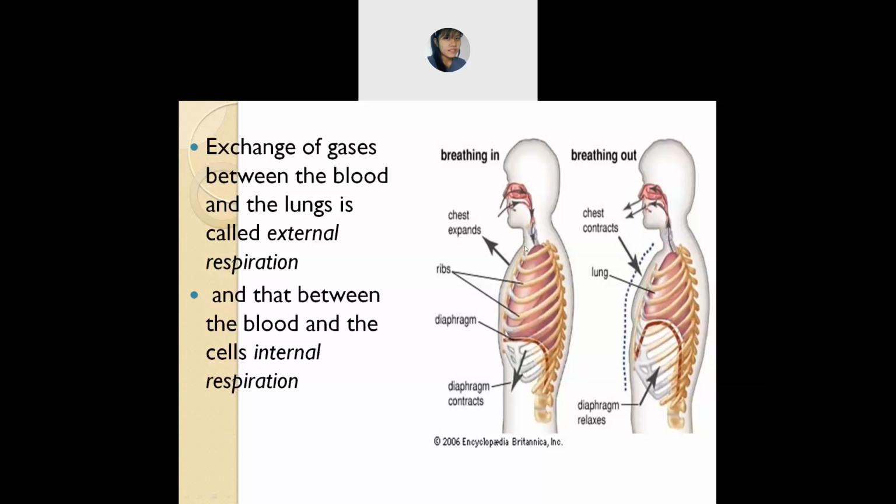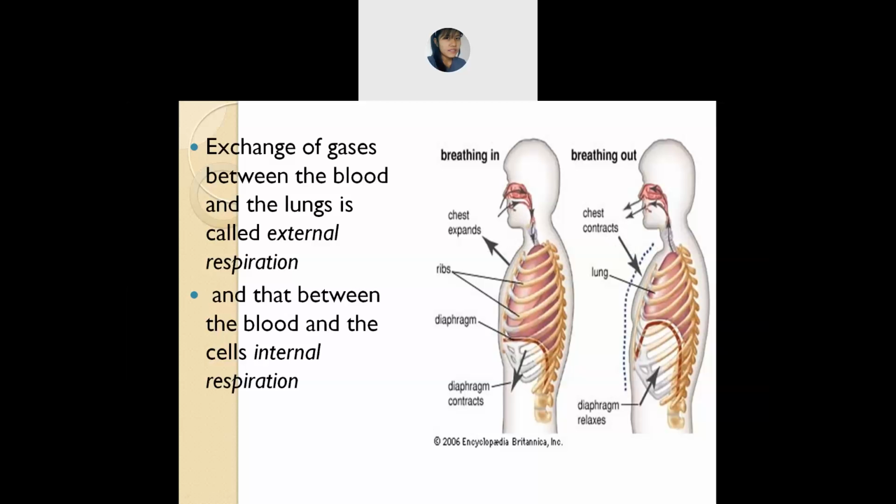And next is breathing in, that is also known as internal respiration. So what happens again here, same thing, exchange of gas happens in between your blood and your cells. And what happens here, the chest will expand, it will grow in size.